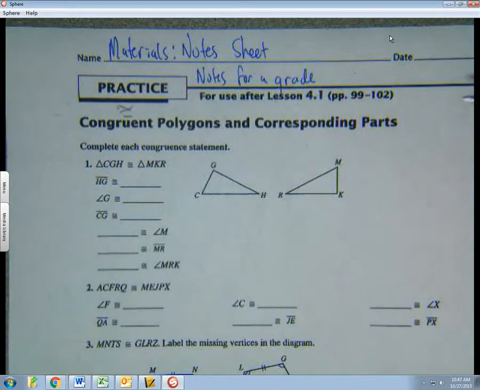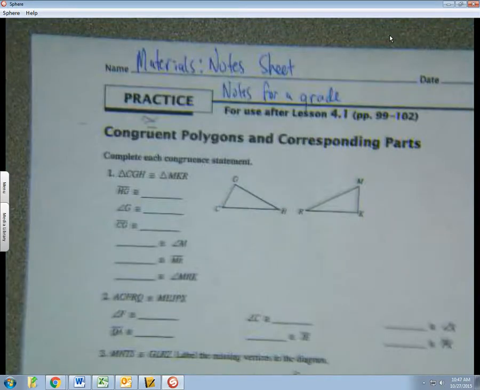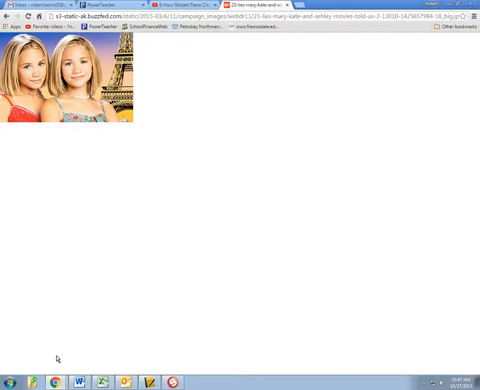So let's start with a ridiculous example, shall we? So flip this over. So here's where I am going to start. Boom, right there. So hopefully you've got that.